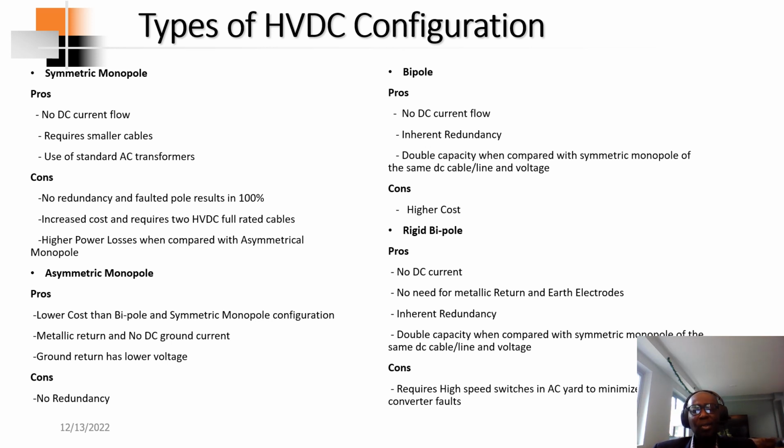On the contrary, on the con side, it requires high-speed switches in the substation or switchyard, to be able to switch fast when you have converter faults to the converters that do not have faults. But these high-speed switches result in high cost.